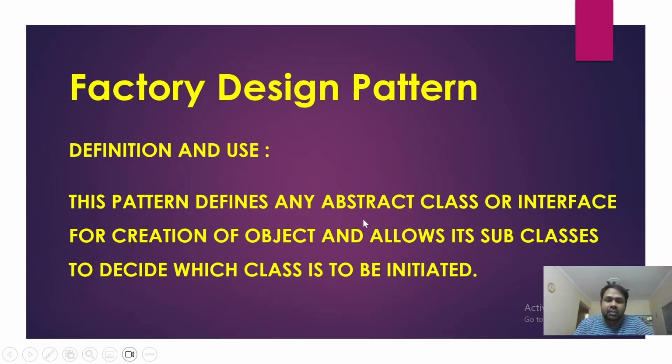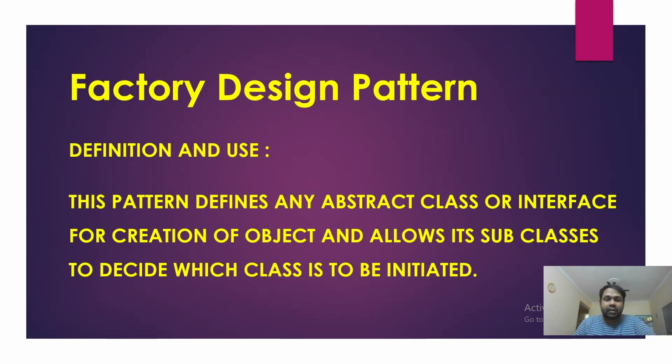It defines any abstract class or interface for creation of objects and allows its subclasses to decide which class has to be instantiated. Multiple implementation classes are there, and it will be decided which class has to be instantiated. A factory will be there, and out of the factory, multiple models will be there. From there, the subclasses will decide.